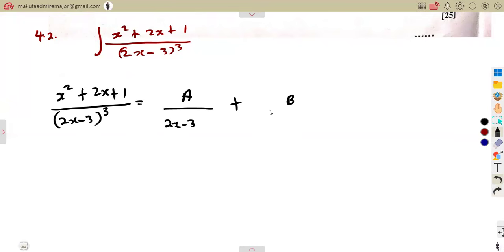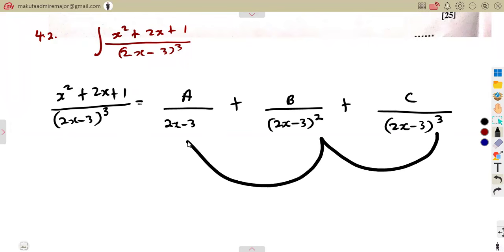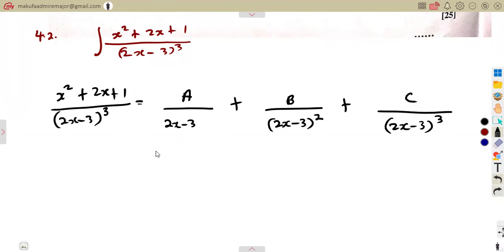Plus, we move on, b over 2x minus 3 to the power of 2. We are increasing until the power that you're given. So it's c over 2x minus 3 to the power of 3. That's how you work out a repeated linear. Or you can start with that power, reducing until a 1. Or you start with a 1 until that power. It's up to you.